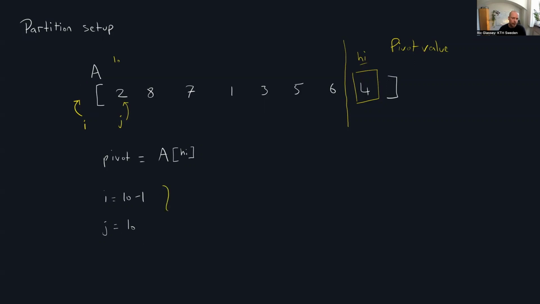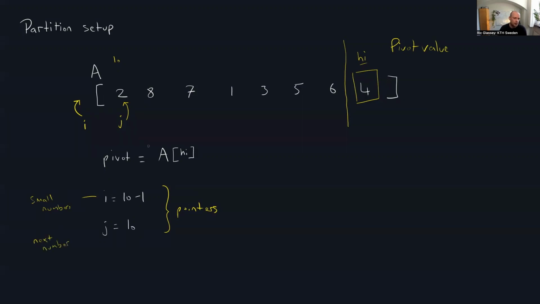Now, these are our two main pointers that we need to keep track of. Their jobs throughout this: i is going to tell us where the small numbers are stored, and j is going to tell us the next number to compare.